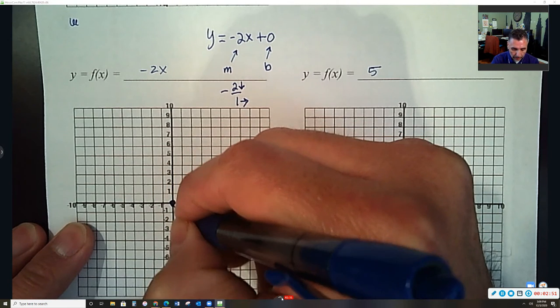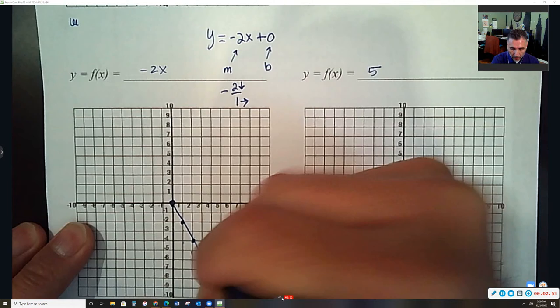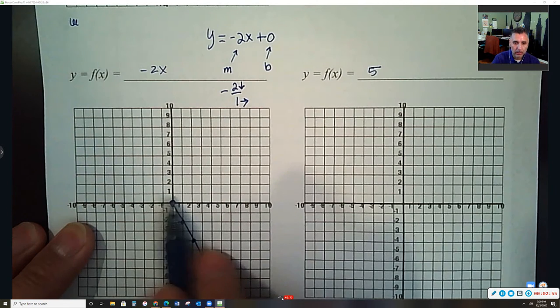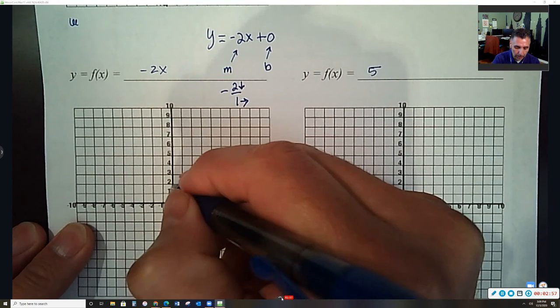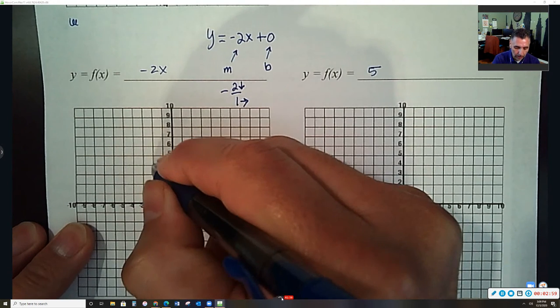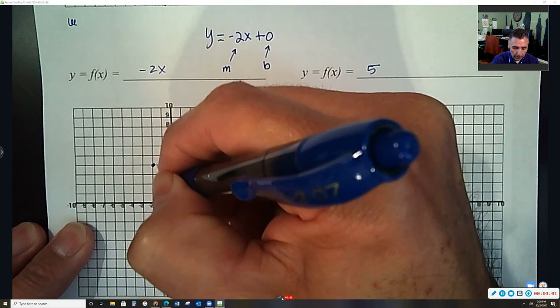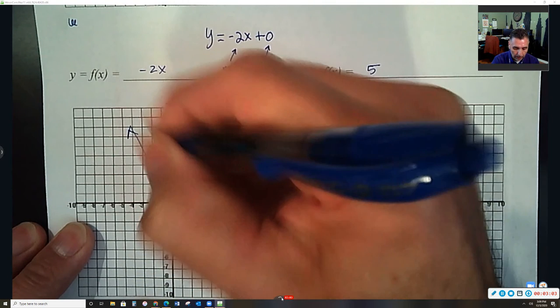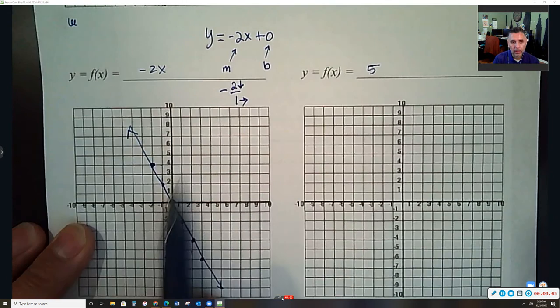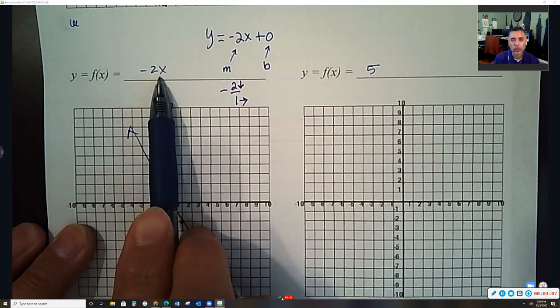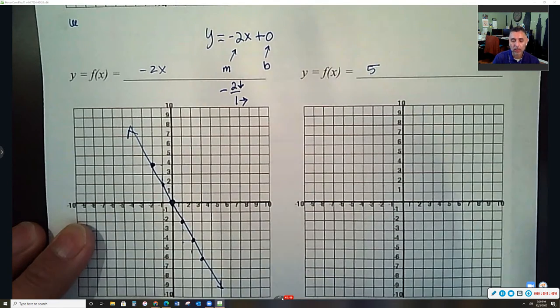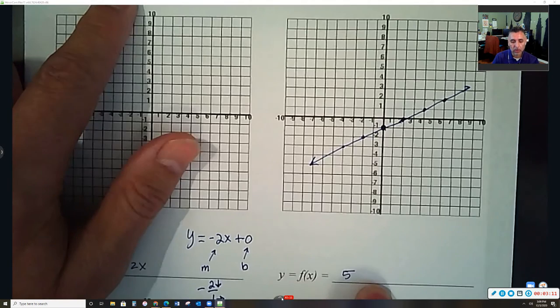And then again, I can do the opposite and go in the other direction: up 2, 1 to the left. And that's the graph y equals -2x, which was the second function in the piecewise defined function.